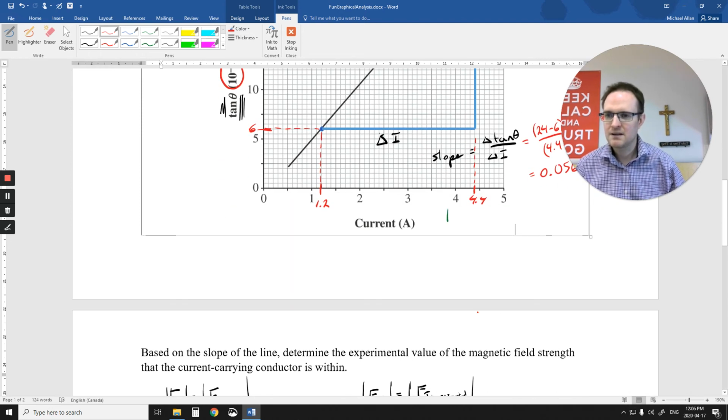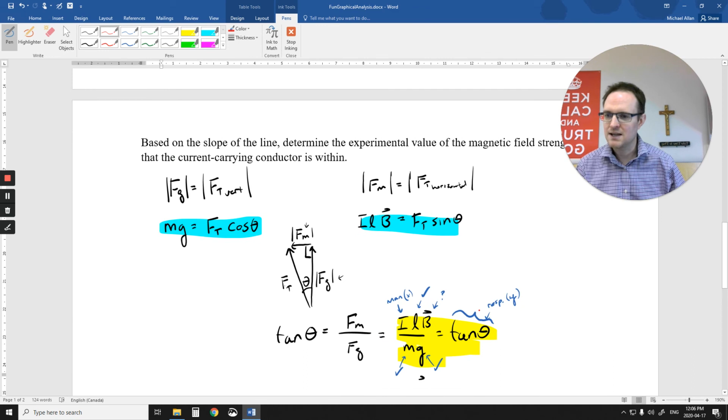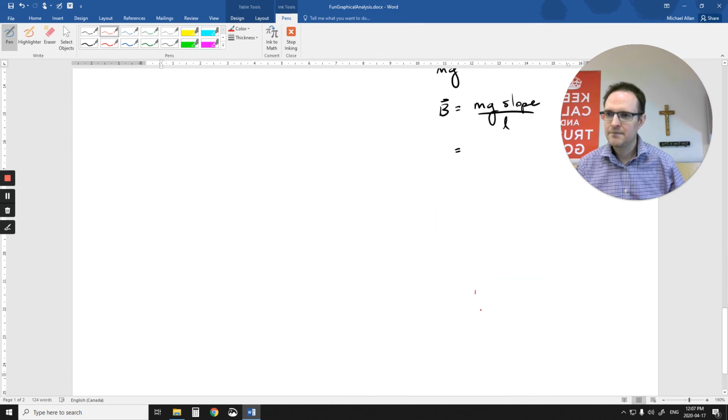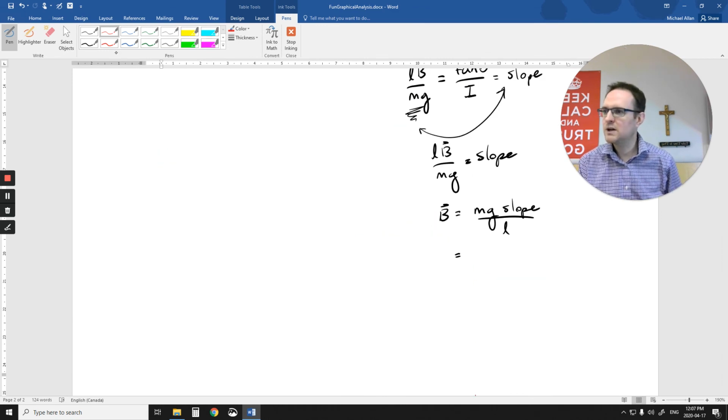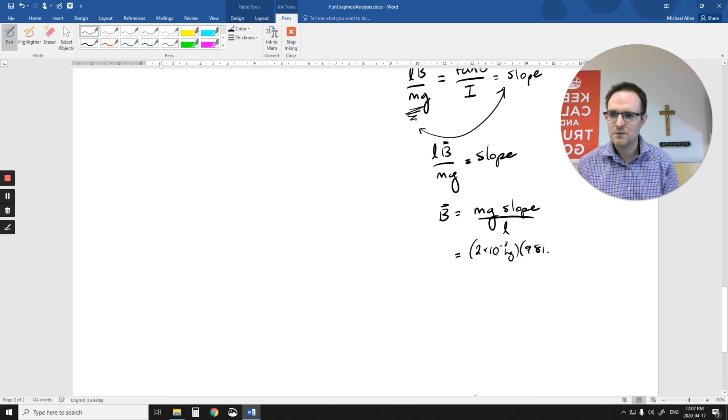So I'm going to use that number, so I'm going to go down here, and I'm going to plug that into my equation with the numbers that we have. So we have 2 grams. What I want to do is change the 2 grams into kilograms, so I would divide that by 1,000. I've got the 9.81 meters per second squared for my gravity, or newtons per kilogram, I guess.